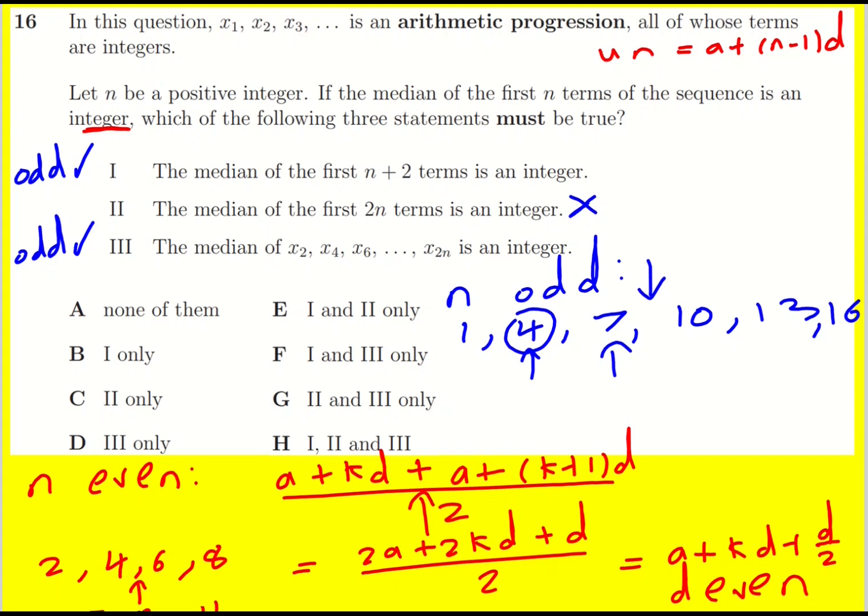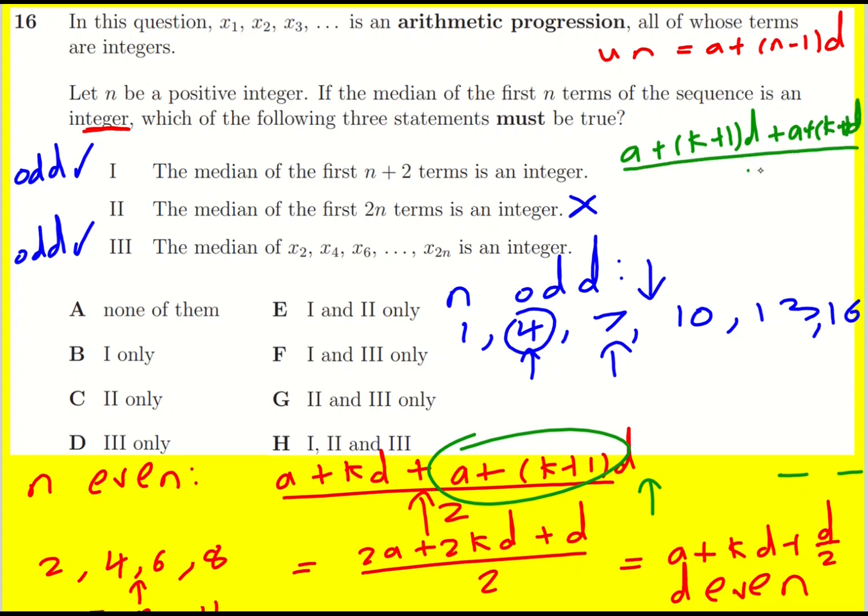So now if I want to see if the median of the first n plus 2 terms is an integer, instead of looking at k and k plus 1, I'll be shifting, I've got these extra 2 terms, and the median would move to here, just like it did with the odd. And then I'll be looking at a plus (k plus 1)d and adding it to a plus (k plus 2)d and dividing by 2.